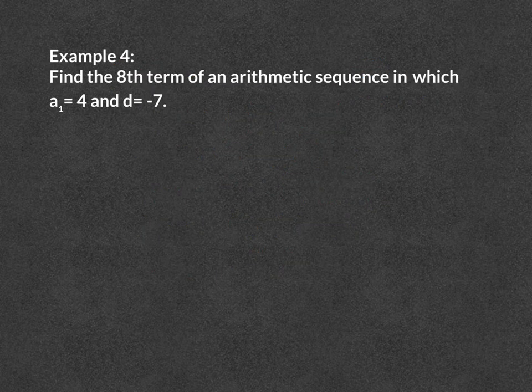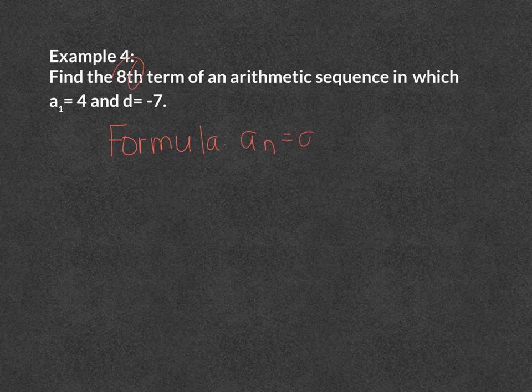Example number 4. Find the 8th term of an arithmetic sequence in which a sub 1 equals 4 and d equals negative 7. Since we're looking for the 8th term, that means I need to use the formula, which is a sub n equals a sub 1 plus n minus 1 times d.